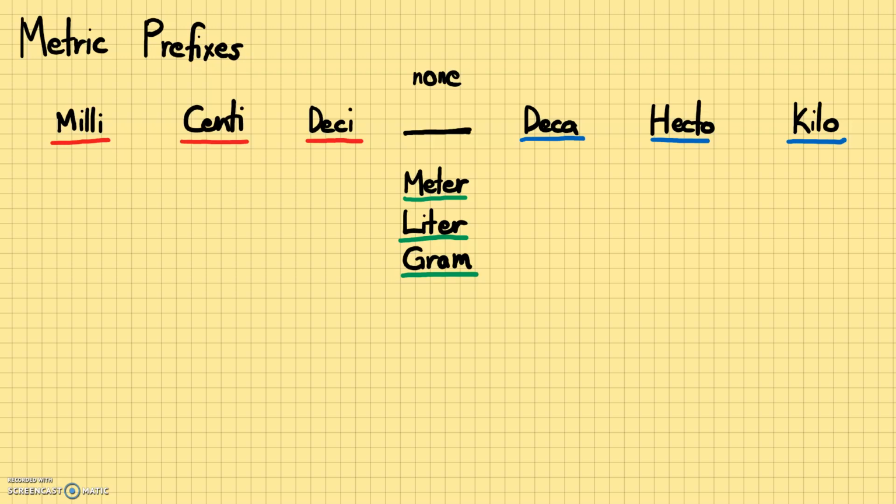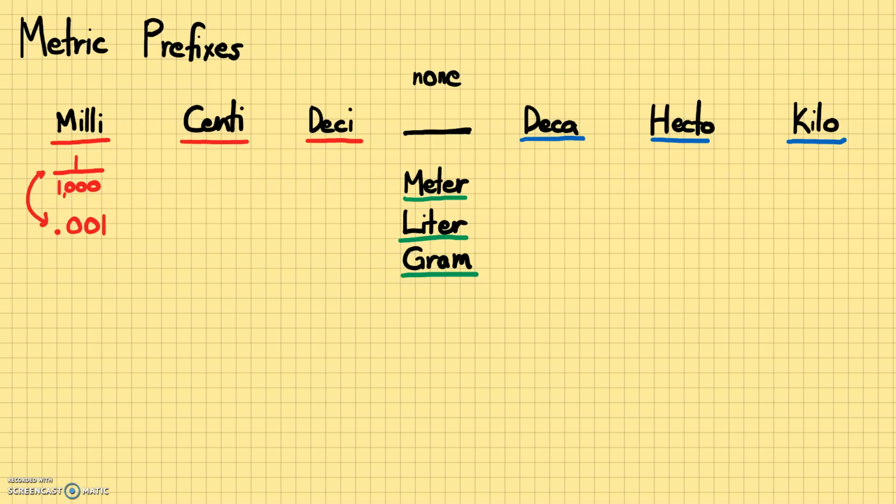So first of all, milli means 1/1000. So this is a really small number. So this means if you cut up something into 1,000 pieces, one of those pieces is going to be a milli. And this is how you can write it as a fraction. You can also write it like this as a decimal. These two are the same thing.